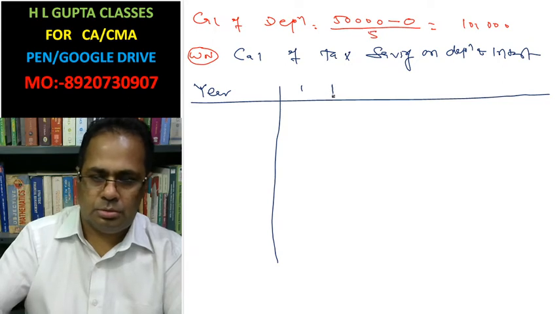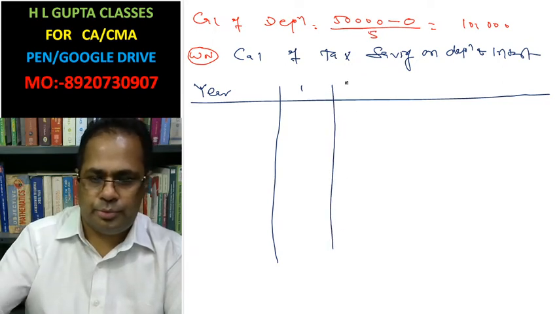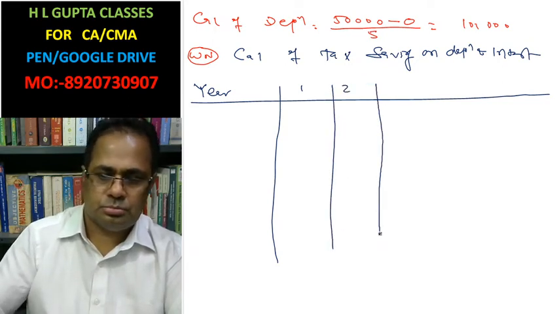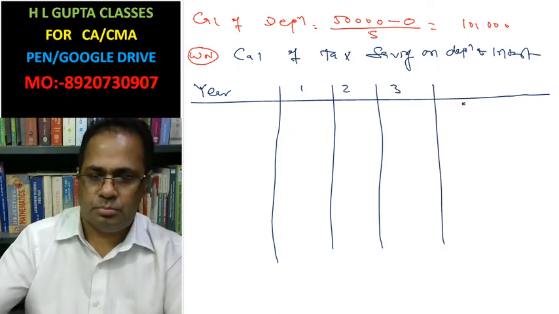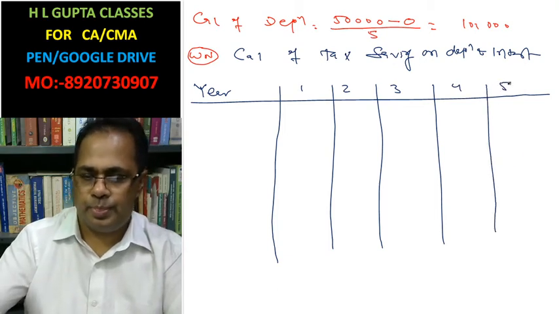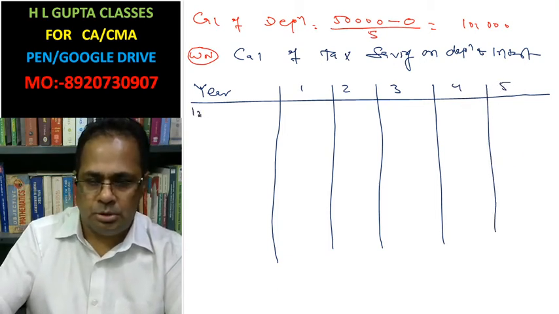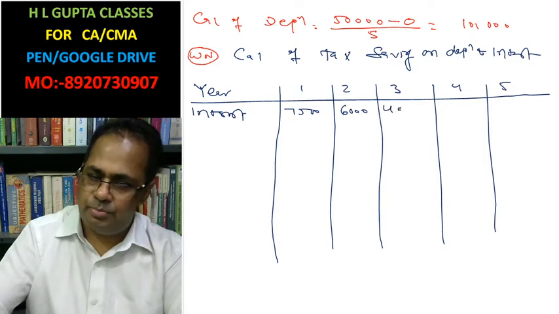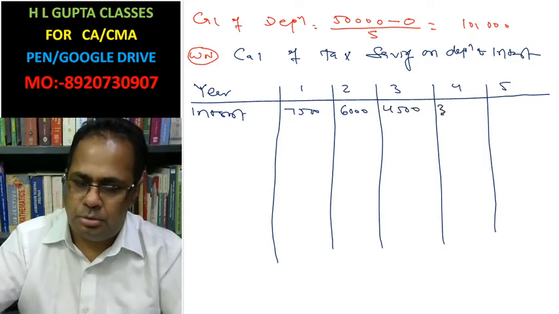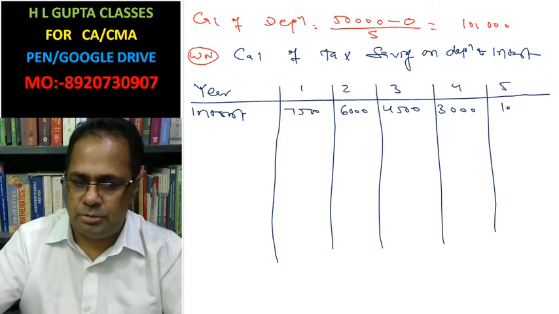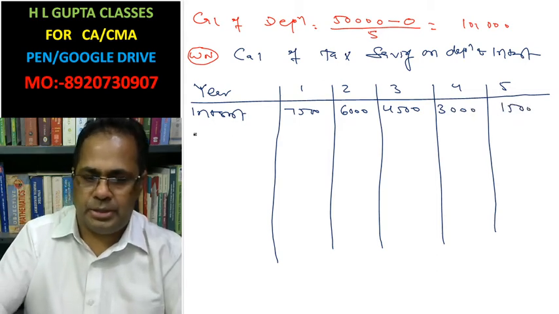Years 1, 2, 3, 4, 5. Interest is 7,500, 6,000, 4,500, 3,000, 1,500.